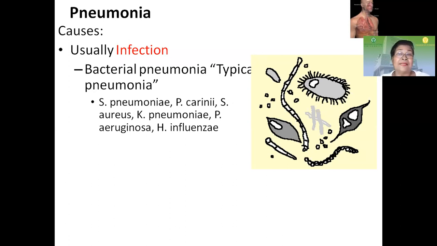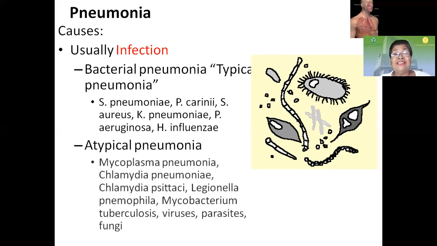So these are the typical microorganisms. And then when we say atypical pneumonia, other than the etiologic causes we mentioned above, these are the causes: primarily Mycoplasma pneumoniae, Chlamydia pneumoniae, Mycobacterium tuberculosis, viruses, parasites, fungus.